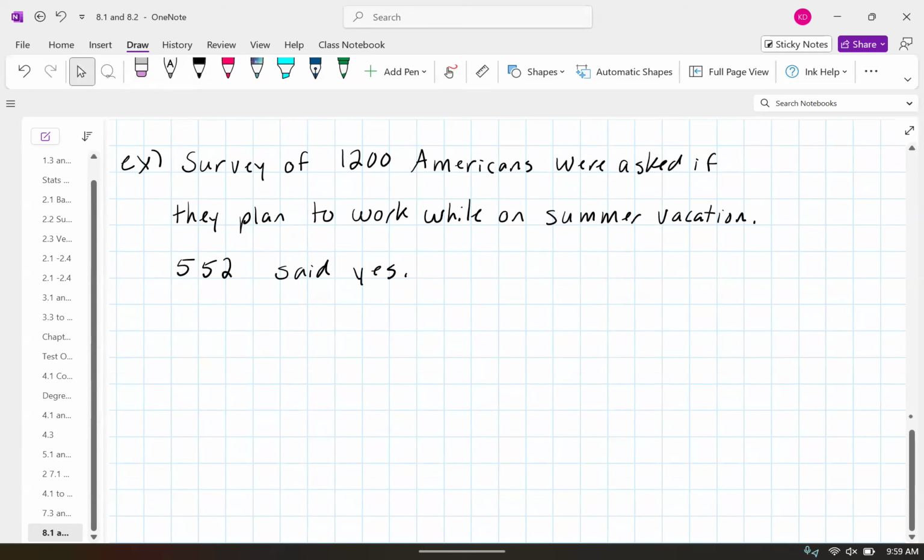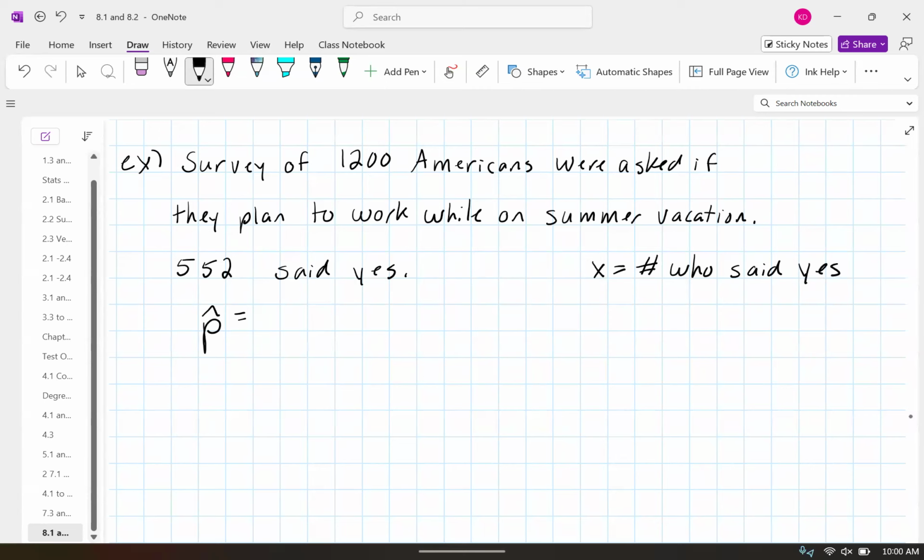All right, so if we want to find our p hat, since this is a survey based on our data, we're going to use p hat. And this equals our group, and our X is the number who said yes. So X can be whatever based on the survey. In this case, it's the number who said yes. So we get 552 over our 1,200.